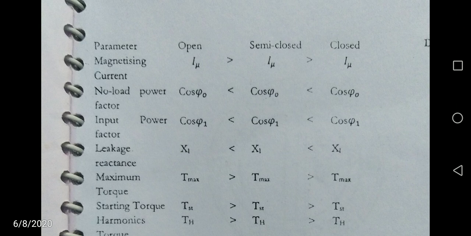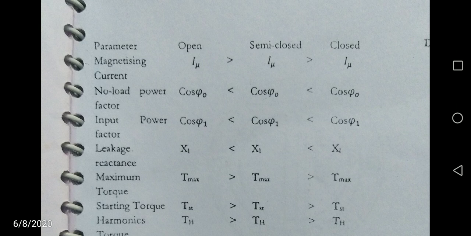From this we can say, very important here, in an open slot leakage reactance is very less and leakage flux is also very less. The leakage flux in open slot is very less.